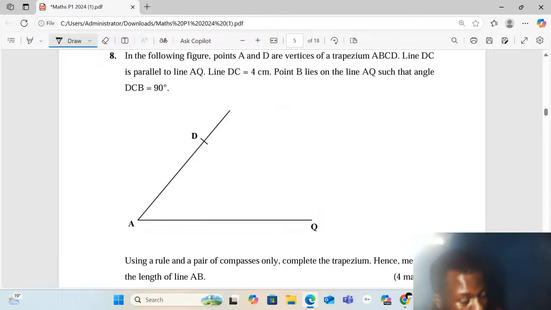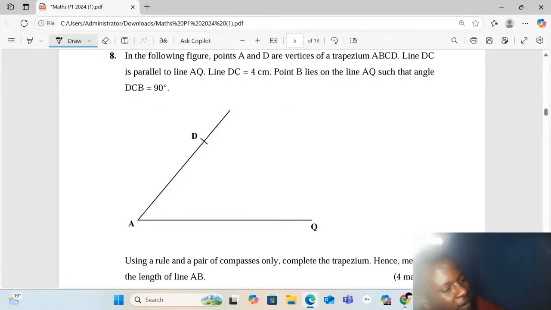So you have a point C, which is 4 centimeters from D, and DC is parallel to AQ.